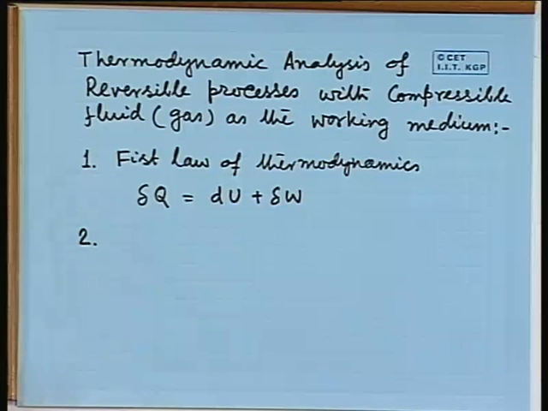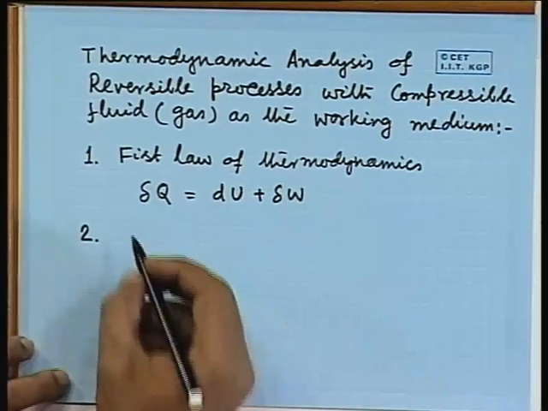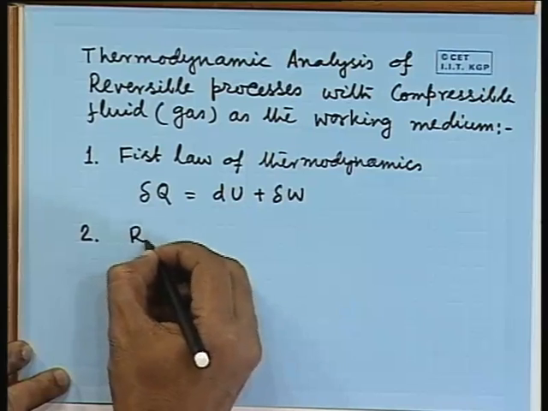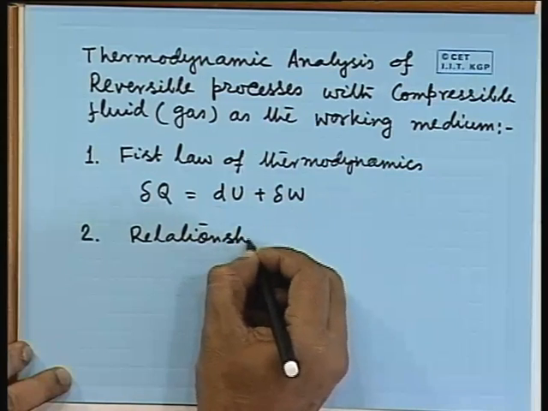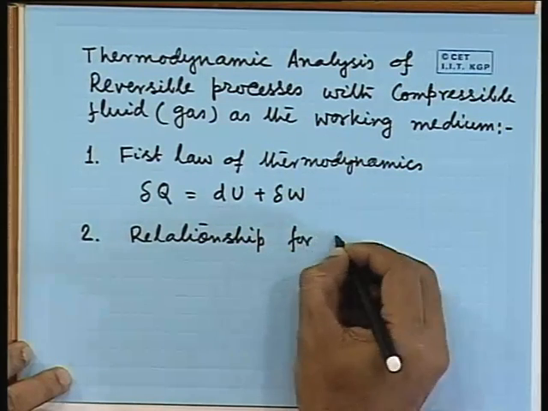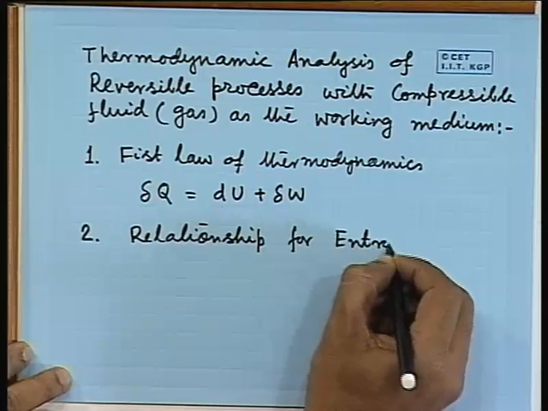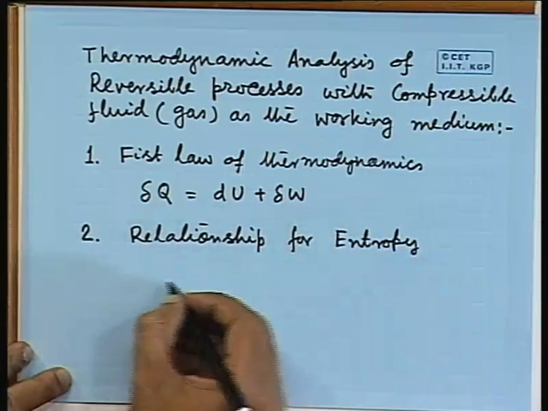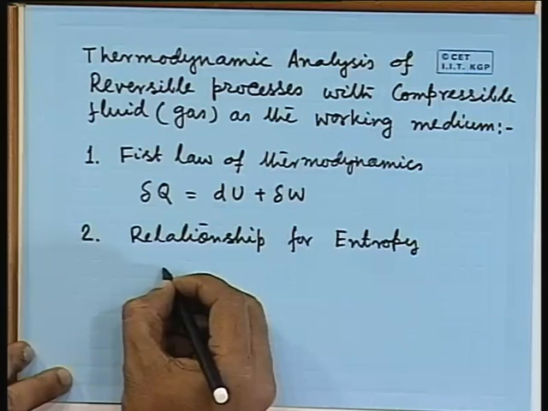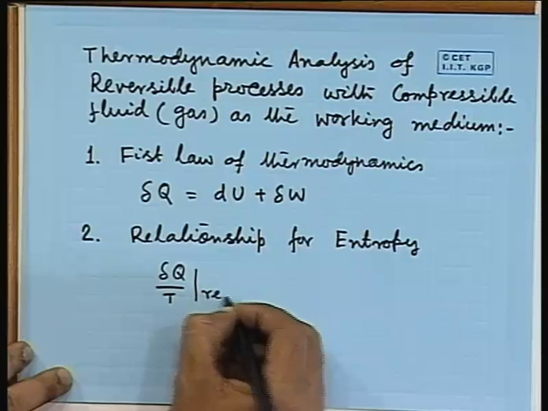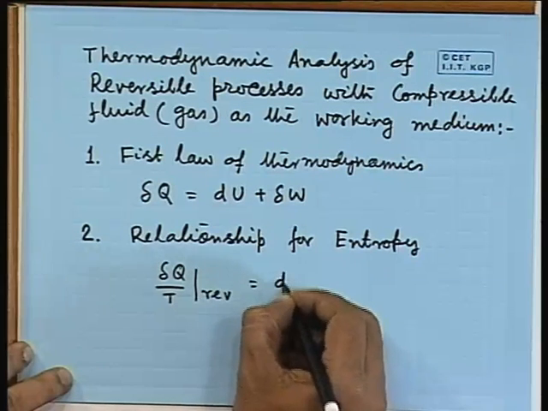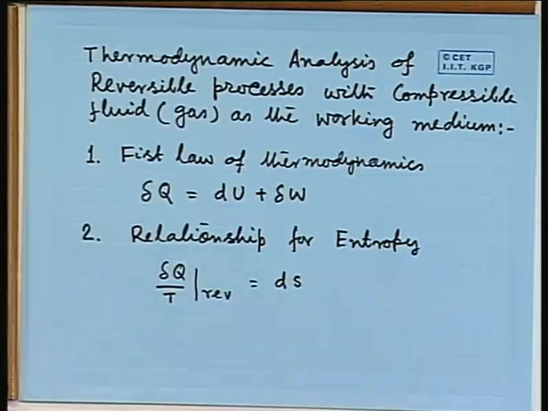Second, we will use relationship for entropy. What is that? dq by T reversible is equal to ds. This we will use.